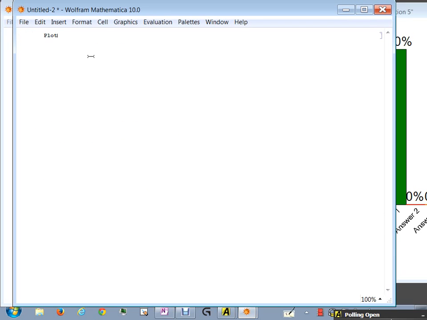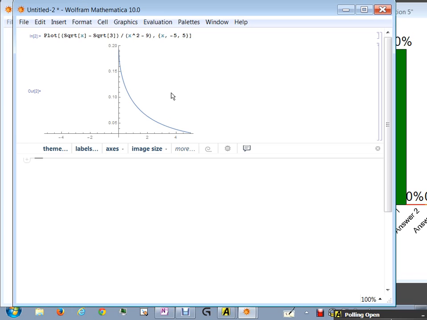So what was my function? It was square root of x minus square root of 3 over x squared minus 9. And what are we interested in?